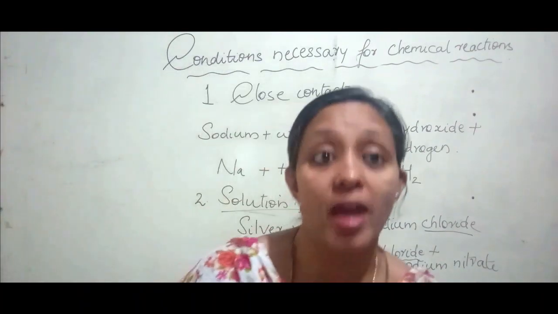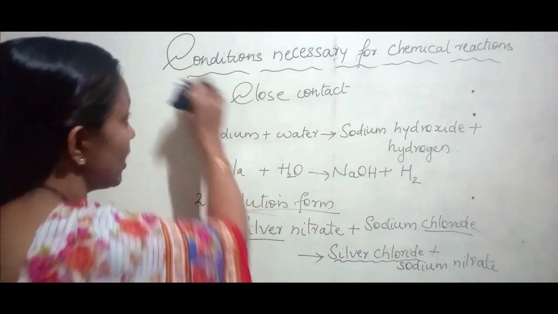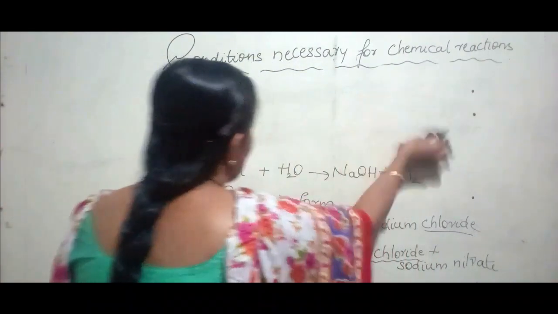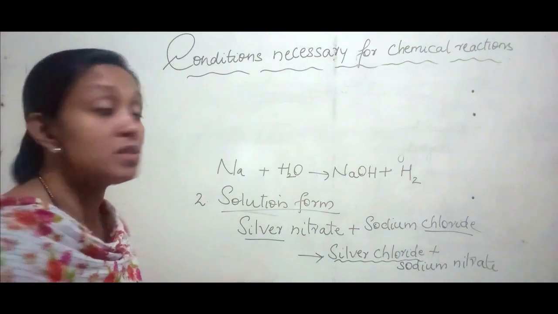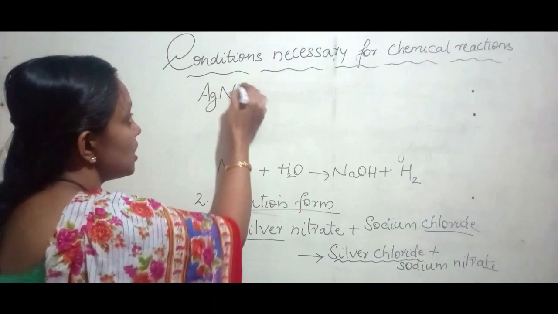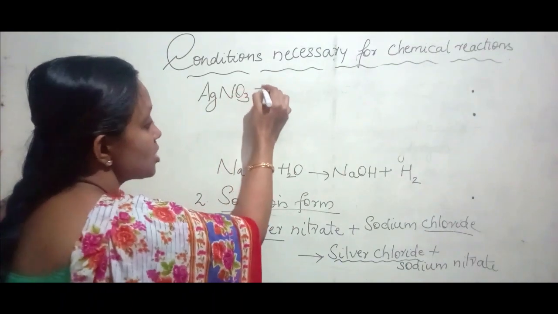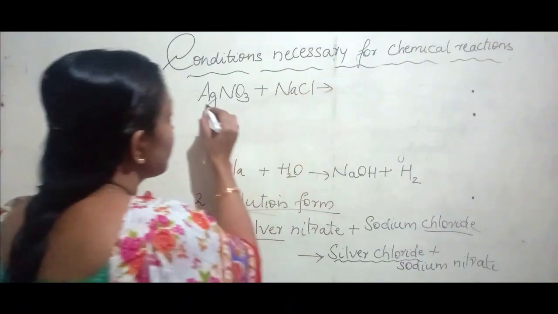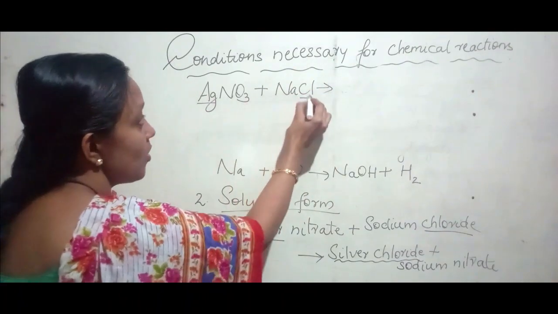Okay, so we shall try writing a chemical equation for this particular reaction. How do we write the chemical equation, children? The first one is silver nitrate, AgNO3. Silver nitrate reacts with sodium chloride, NaCl, gives you silver combined with chloride, isn't it?